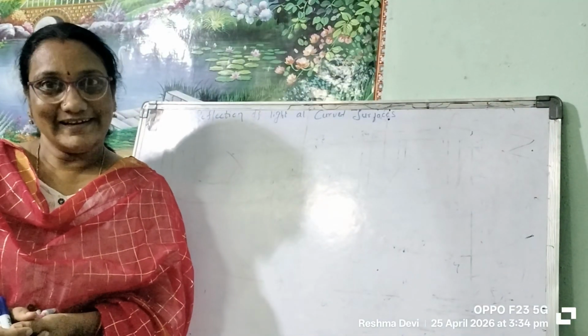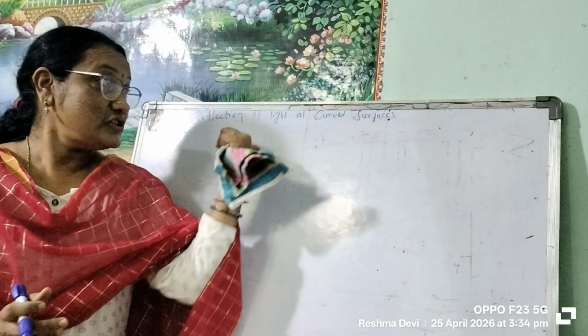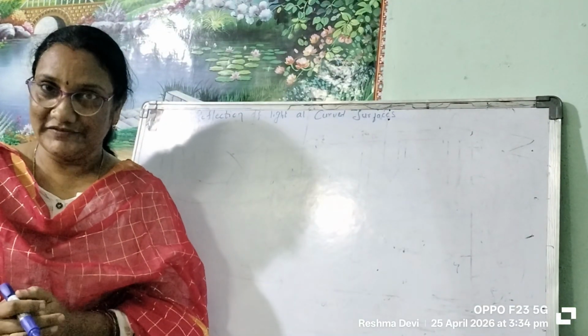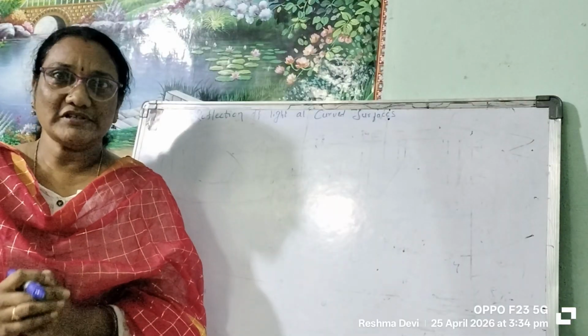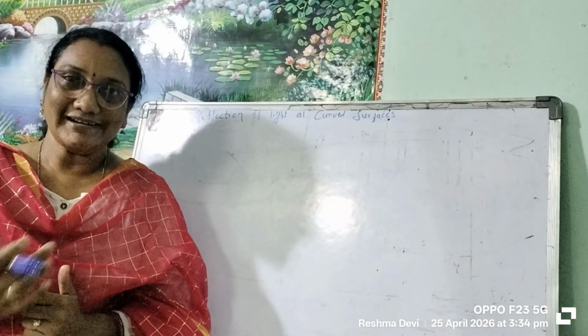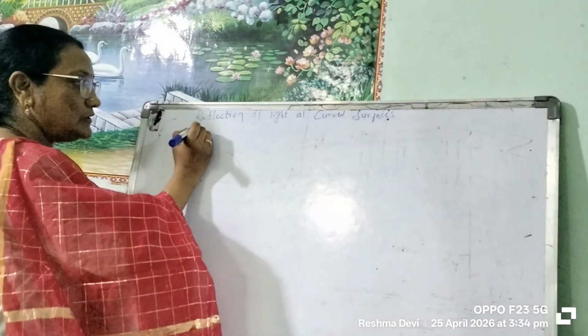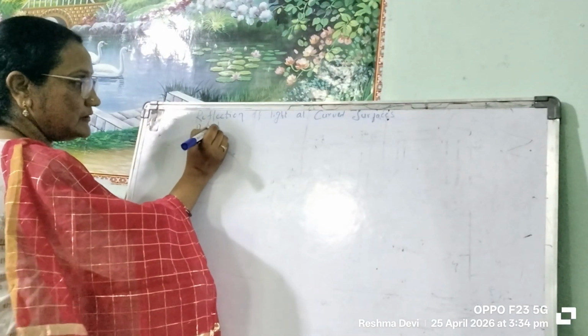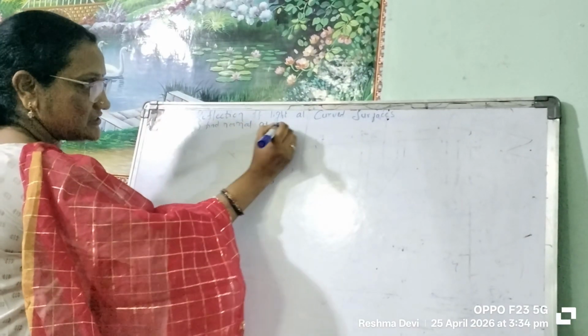In this video, let us discuss the basics required for reflection of light at curved surfaces. First, let us see what we are learning in this chapter. First, we are learning to find the normal at curved surfaces.